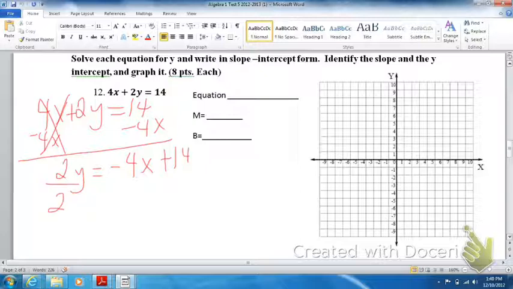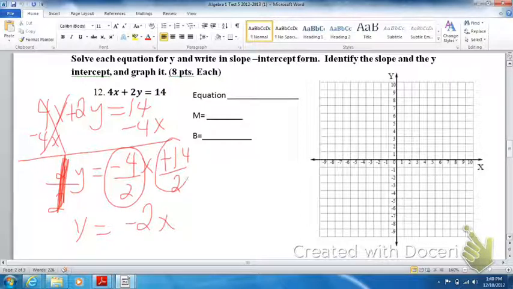Then divide everything by 2. That becomes a big 1, remember. So y equals -4 divided by 2 is -2. Bring down the x. 14 divided by 2 is a positive 7. y equals -2x plus 7. That's the slope, and that's the y-intercept.